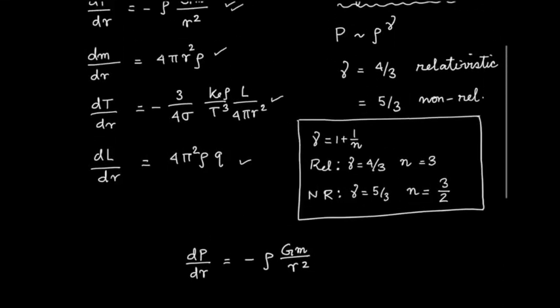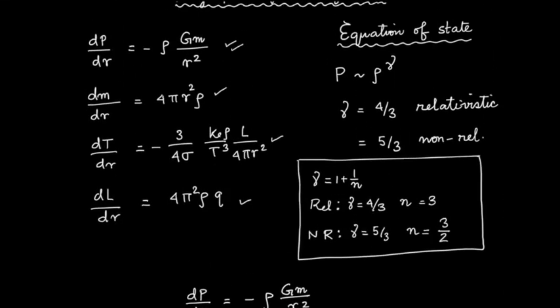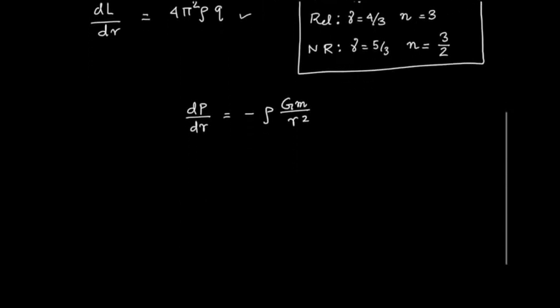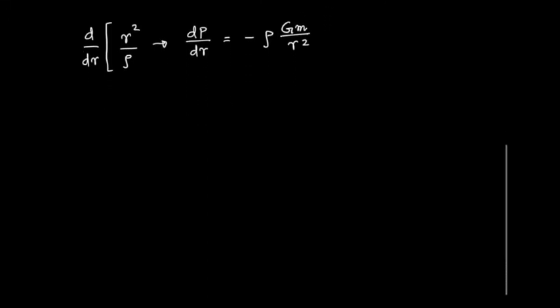You see, for the second equation, I need a derivative of M with respect to r. So what I do is, I multiply this with r square by rho and then take a derivative. So this is what I am applying on this.